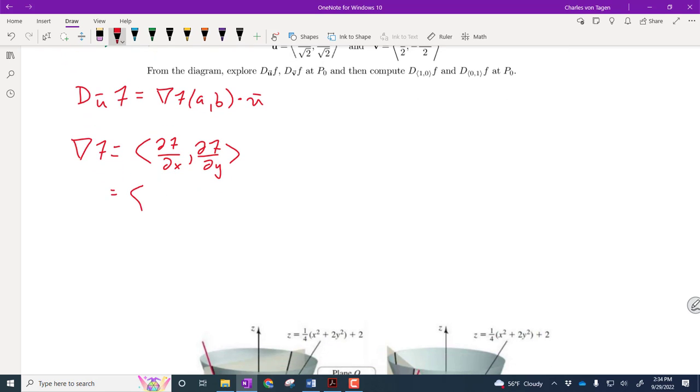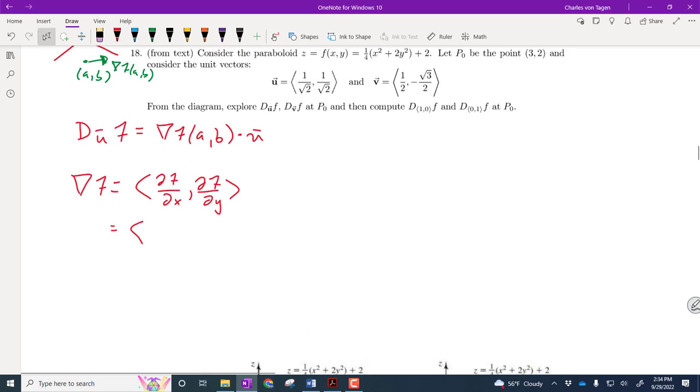So in this case, we would end up taking this gradient. Notice we get 2, and it's got a quarter multiplied in front of it. So it looks like we get 1/2 x comma y for the gradient. That's the gradient as a vector field.